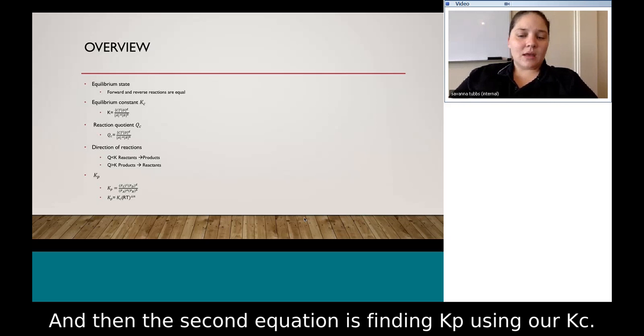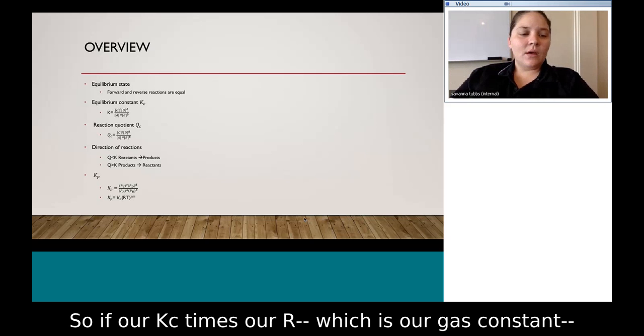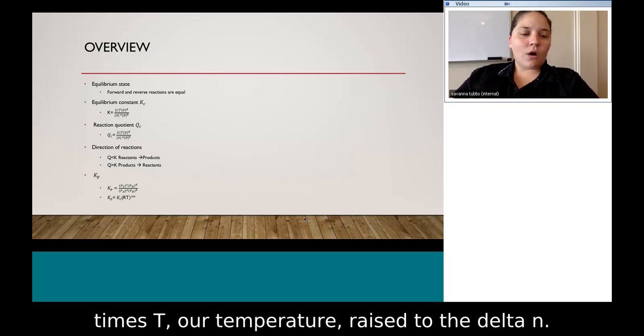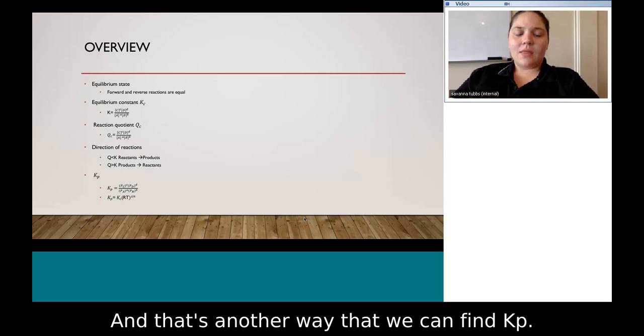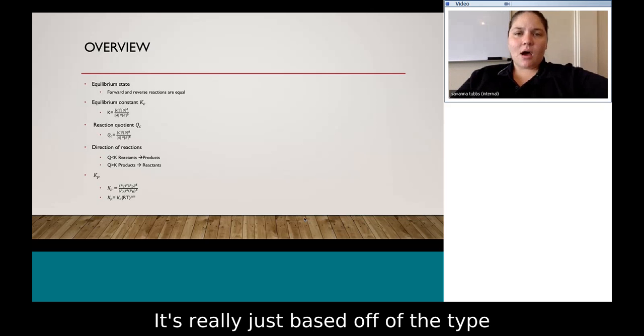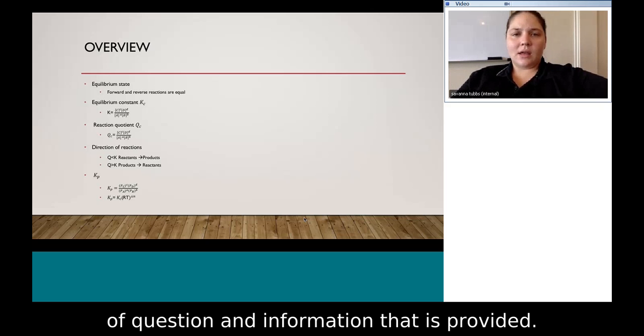And then the second is finding Kp using our Kc. So it's our Kc times our R, which is our gas constant, times T, our temperature, raised to the delta N. And that'll be another way that we can find Kp. It's really just based off of the type of question and information that is provided.